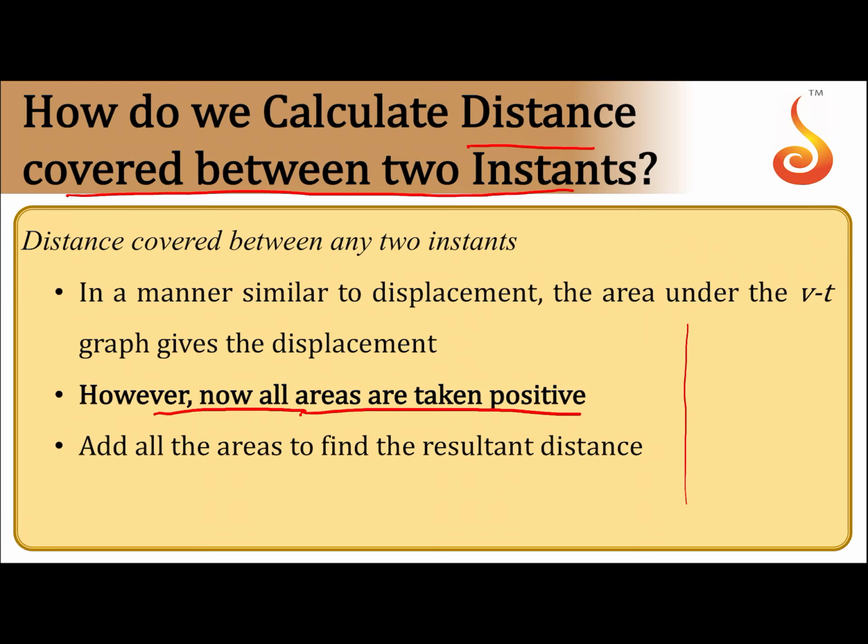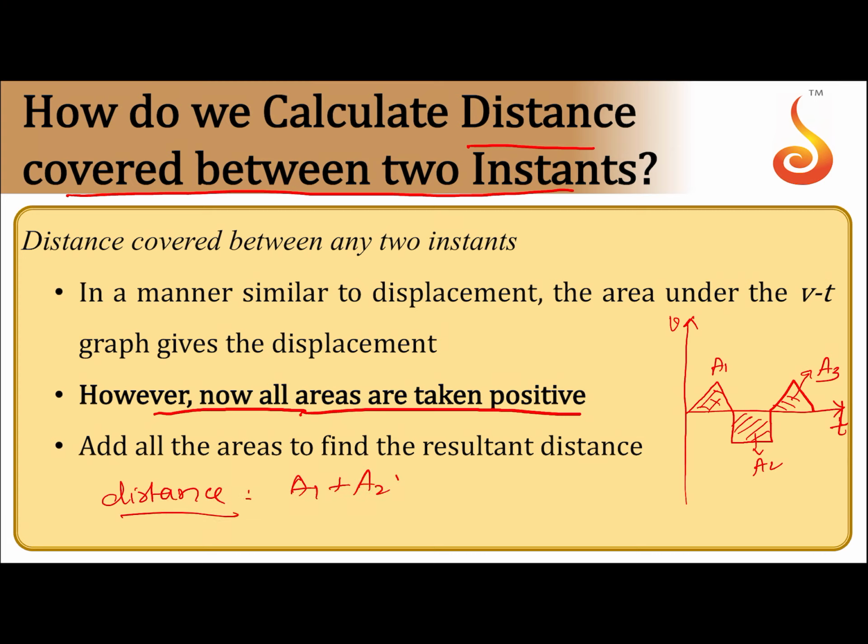For example, if I consider the same VT graph, this area is A1, this area is A2 and this area is A3. Then the total distance travelled is A1 plus A2 plus A3.